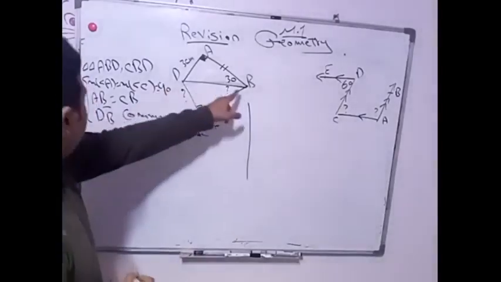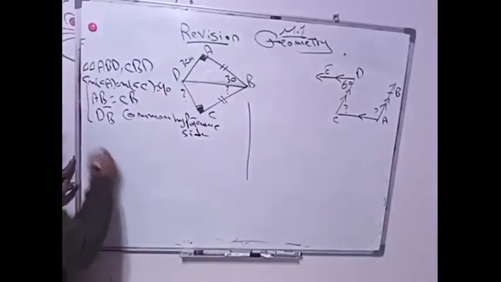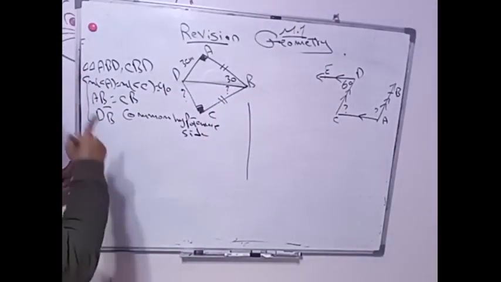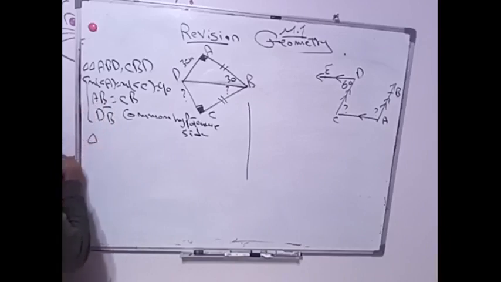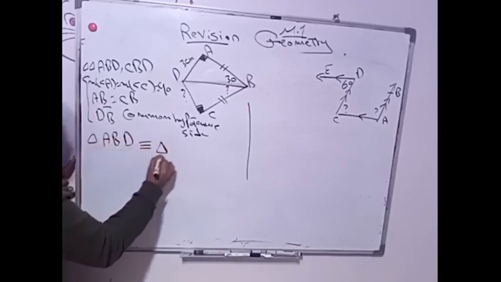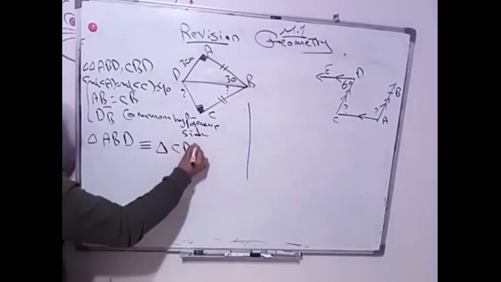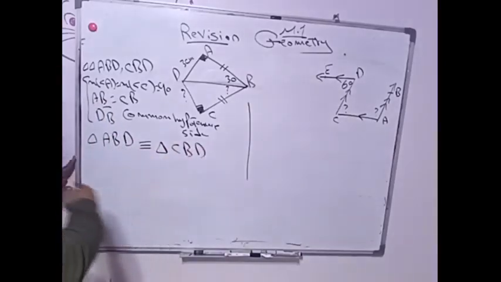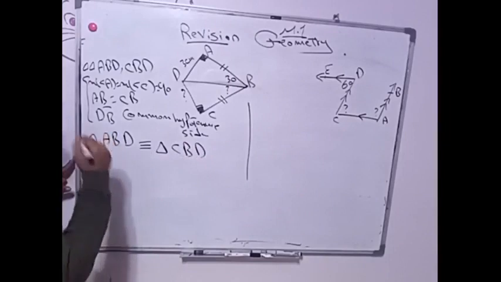So we have now this fourth case. We have the first triangle ABD congruent to the second triangle CBD, and we get the result of this congruence.